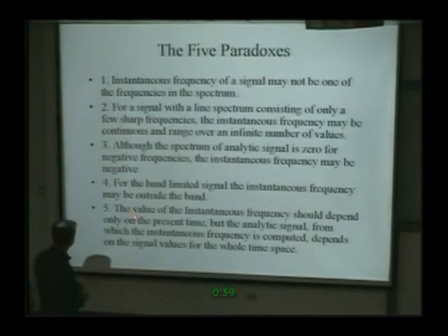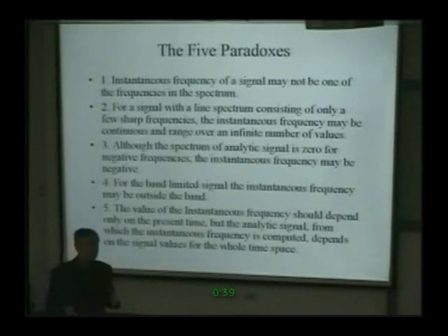And the last one, the value of instantaneous frequency should depend only on the present time. True. If I calculate the instantaneous frequency, I should calculate with the information right at this moment. But the analytical signal from which the instantaneous frequency is computed depends on the signal from minus infinity to infinity, because Hilbert transformation is integrated over everything.